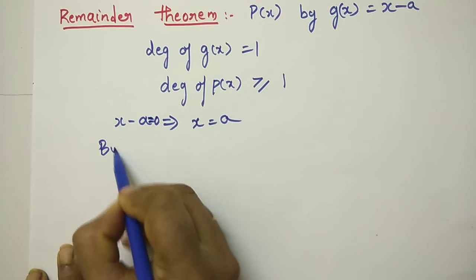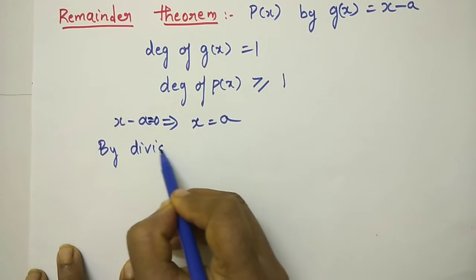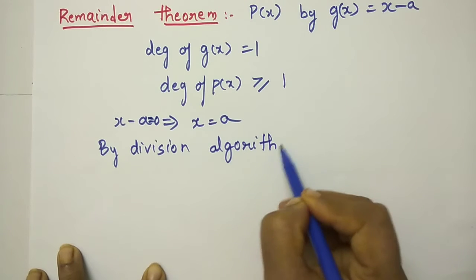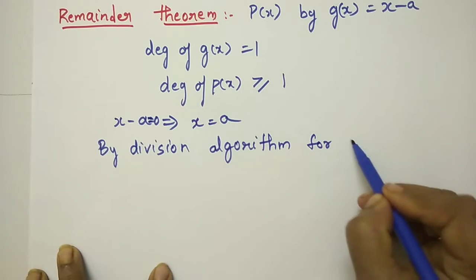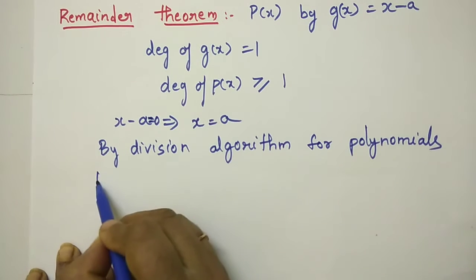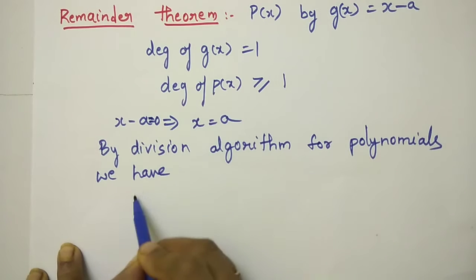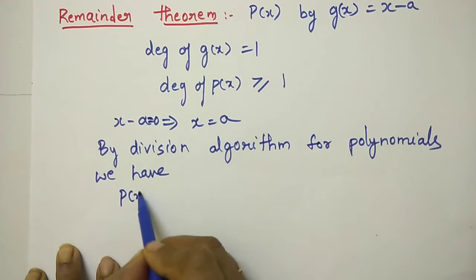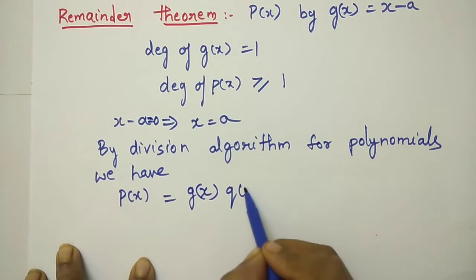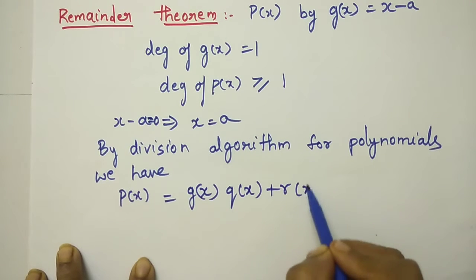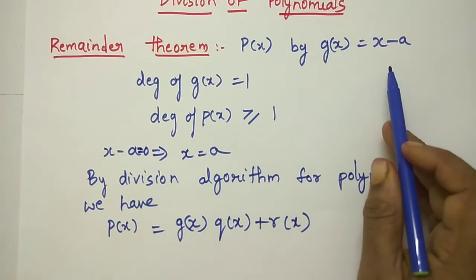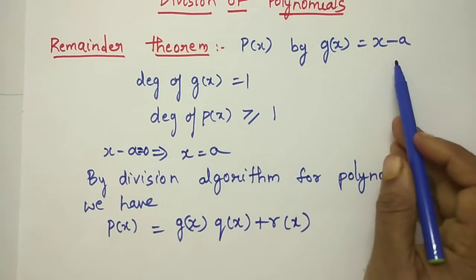By the division algorithm for polynomials, we have p of x is equal to g of x into q of x plus r of x, which we studied in the previous video. In place of g of x, we divide with a linear polynomial of the form x minus a.